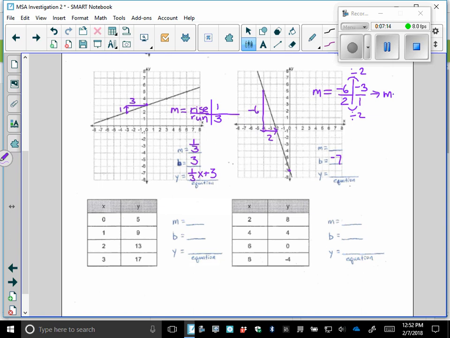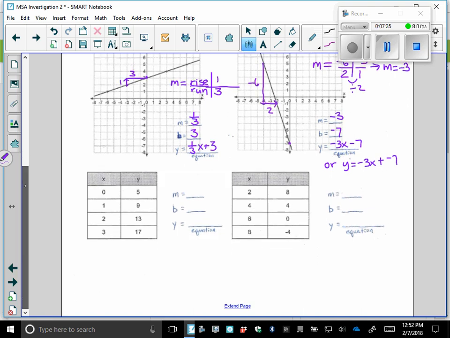So the slope is negative 3. Therefore, my line equation is y equals negative 3x minus 7. You might like to think of it as y equals negative 3x plus negative 7. They're the same.